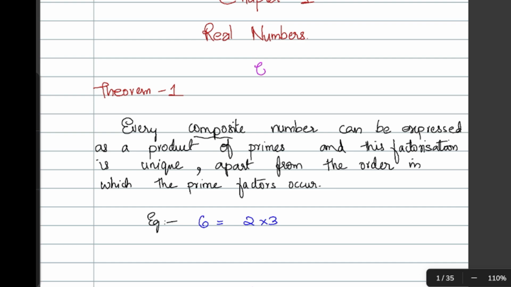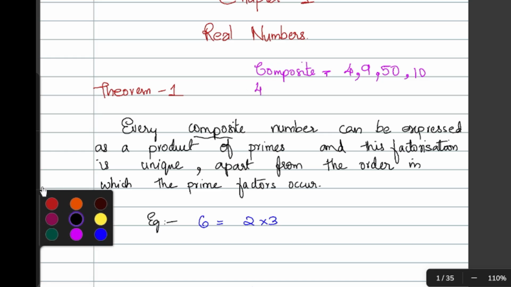Composite numbers are numbers like, for example, 4, 9, 50, even 10. These all can be called composite numbers because composite numbers are the numbers which have more than 2 factors.